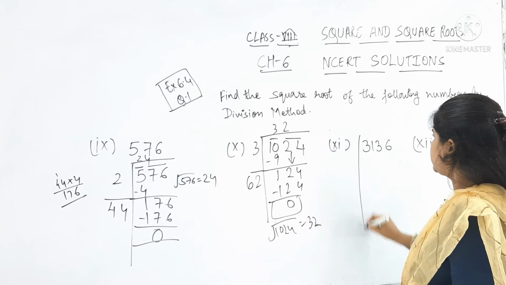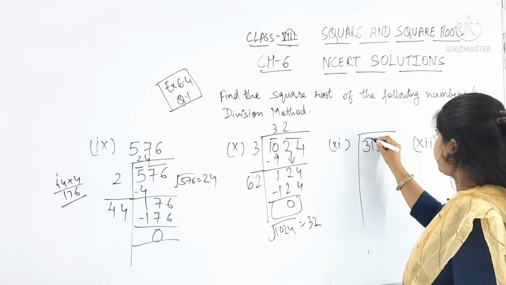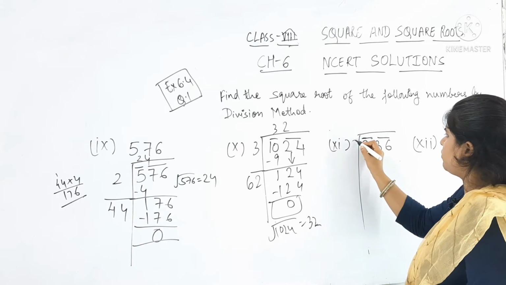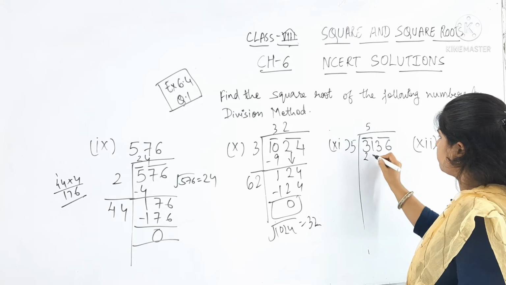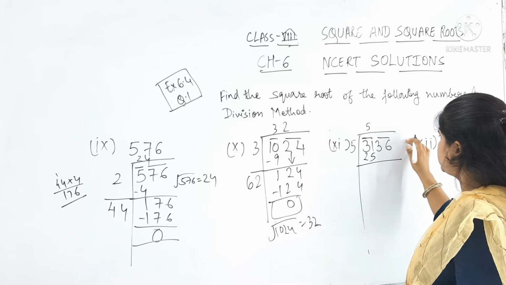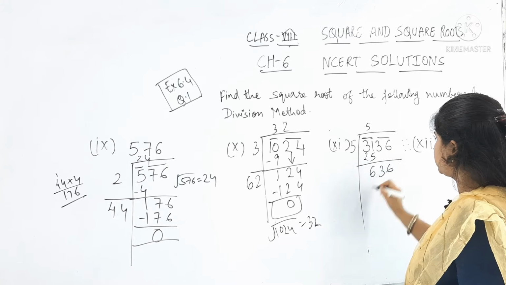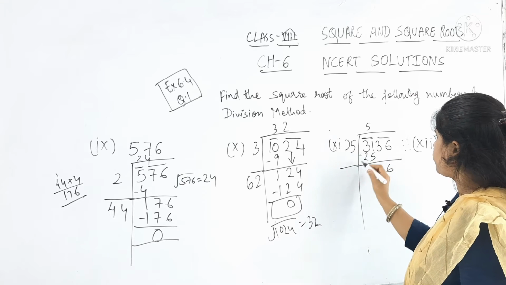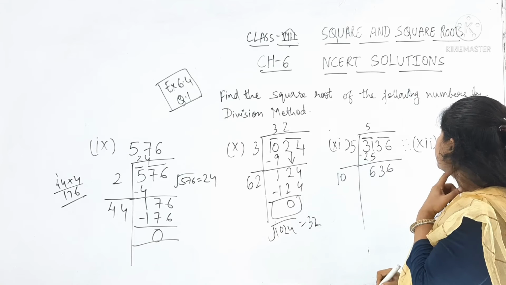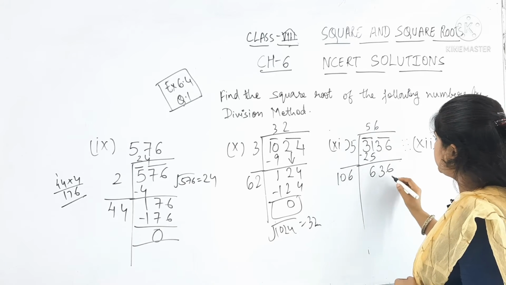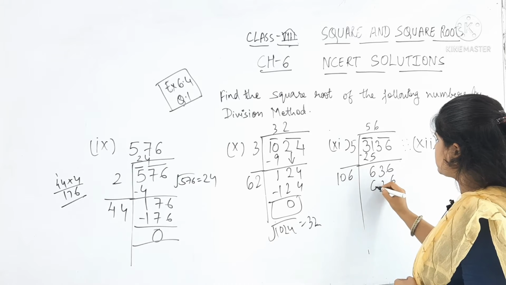Now 3136, come to the 11th one. You have to pair from the right side, right? So here 5 5s are 25, 26, 27, 28, 29, 30, 31. It is 6, 36. Okay. So 5 plus 5 is 10. We will see for 6. 6 6 are 36. 6 1 is 6.